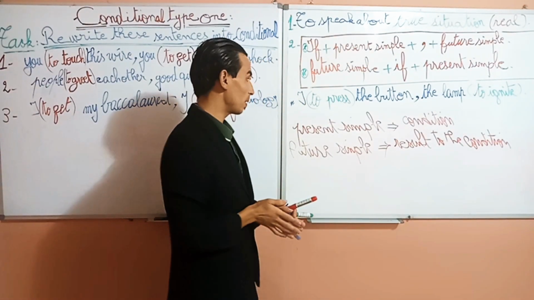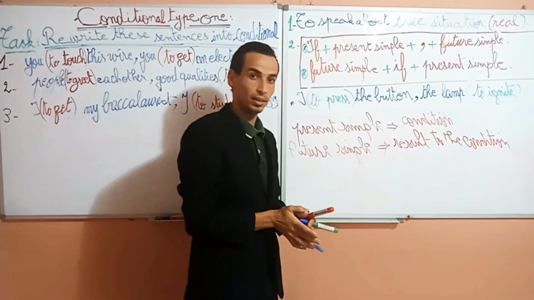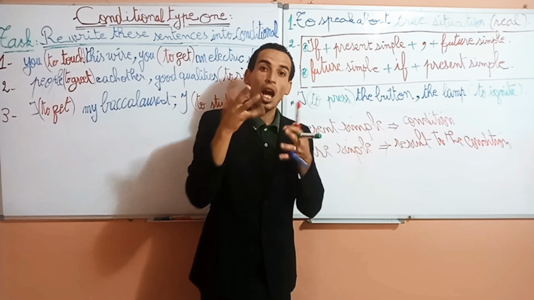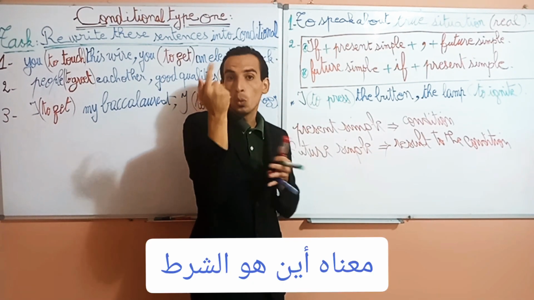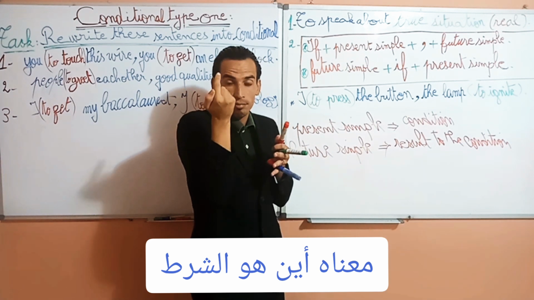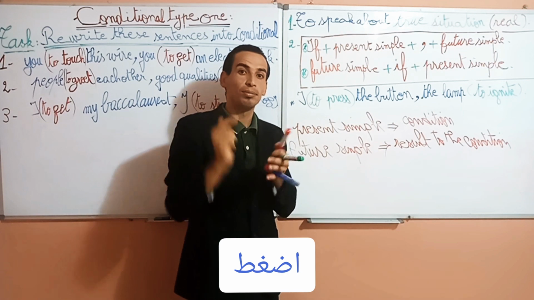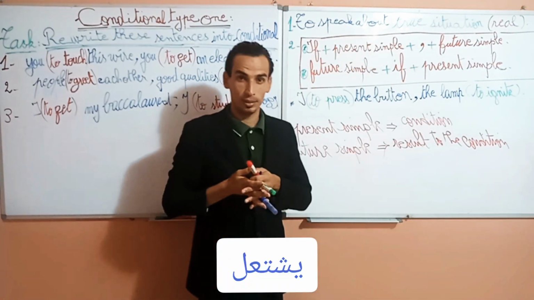We have here two verbs. Let's read this sentence. I to press the button, the lamp to ignite. Which verb happens first? Means which one is condition? To press or to ignite?